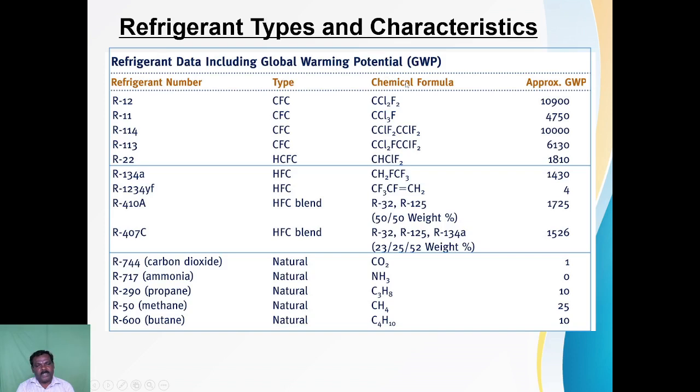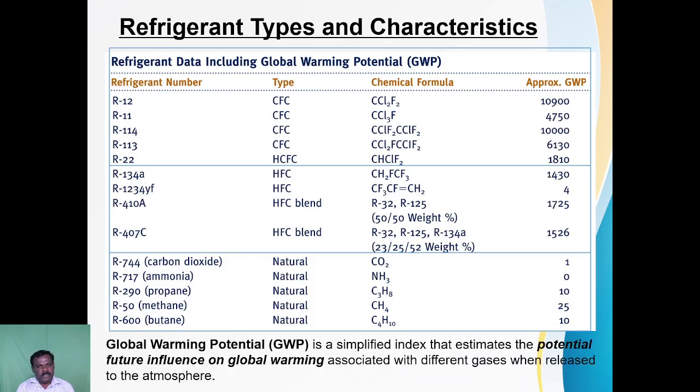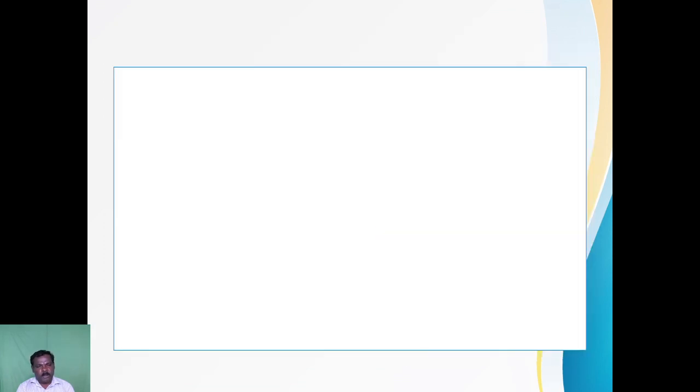Then we have refrigerant types and characteristics: R12, R11, R14, R113, chlorofluorocarbons. Nowadays, ozone free, we are using R134A. Your household refrigerator is equipped with R134A refrigerant, due to global warming.